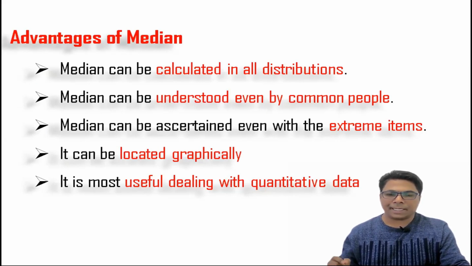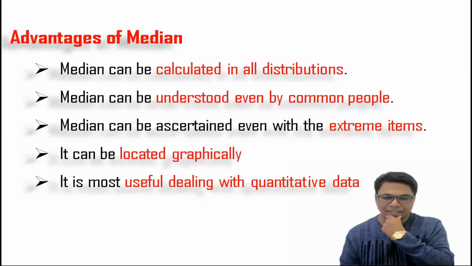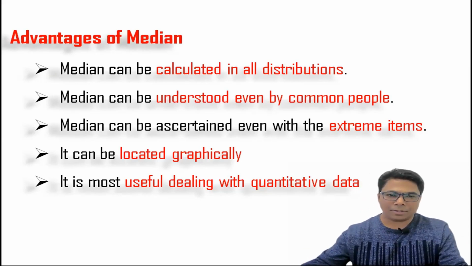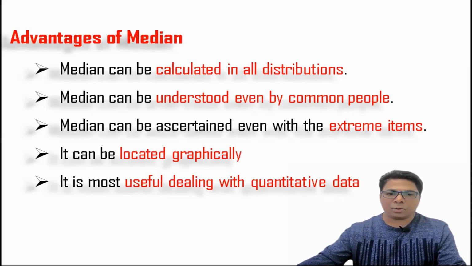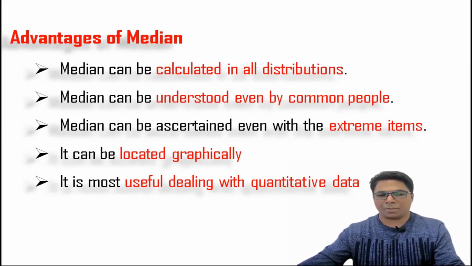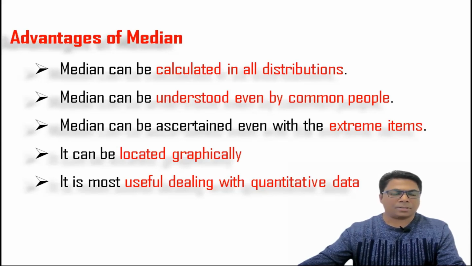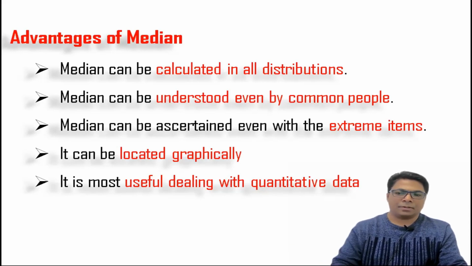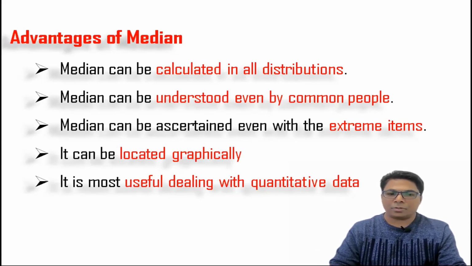That means even the extreme items or the outliers are also considered. Median can be located graphically. That means you can present this median with the help of a graph also. And it is also useful in dealing with quantitative data.